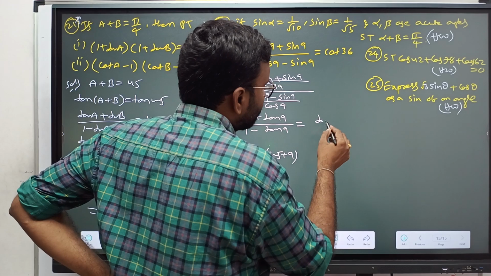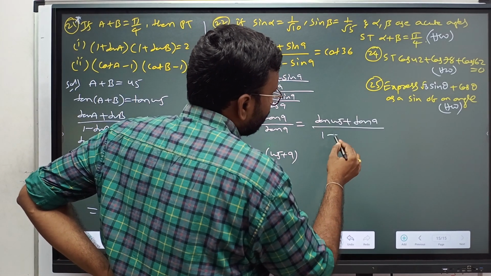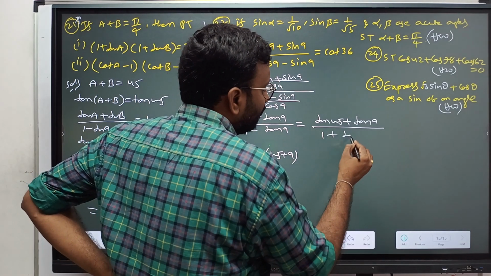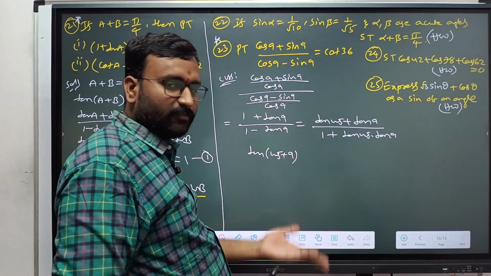I am writing 1 as tan 45, and tan 45 into tan 9. Can I write tan 45 as 1 only?